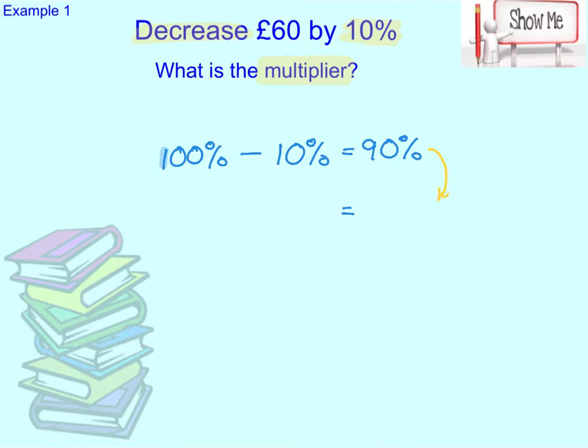So to change our percentage into a decimal, we were dividing by 100. Okay. So our multiplier for 10% less is 0.9 or 0.90. Okay.